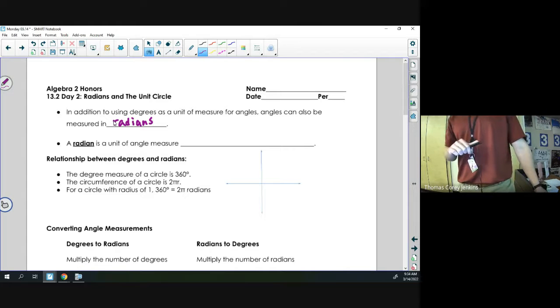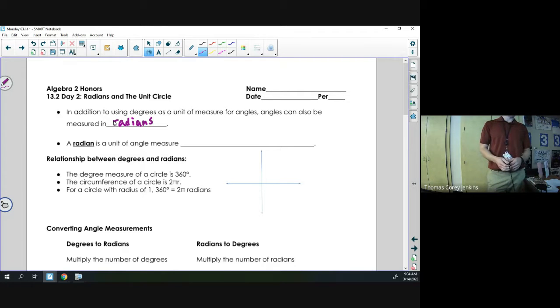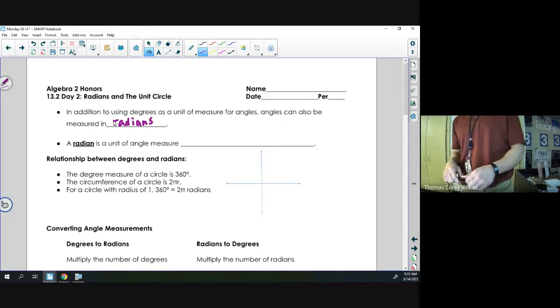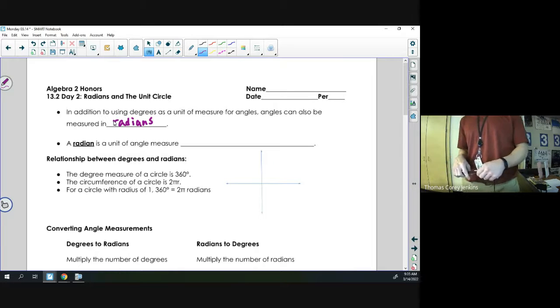Geometry kids, let's see if you can help me with the next thing. I couldn't figure out what would go in the next blank, but it says a radian is a unit of angle measure. Any thoughts on what could go there? I didn't know, but maybe we'll figure it out later. For now, we'll just leave that blank.